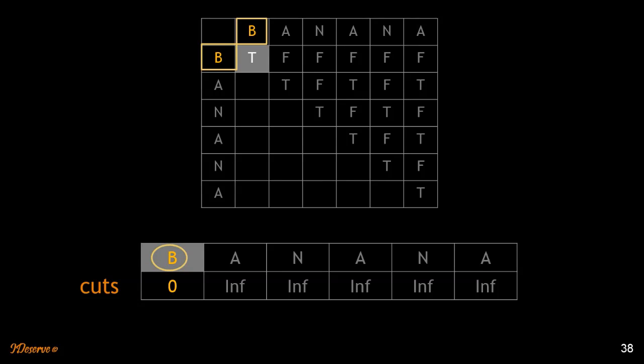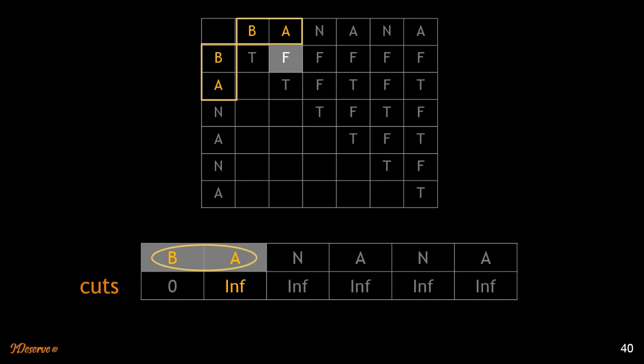Let's go ahead to a substring of length 2, which is BA. Before cutting it up, let's check if it is a palindrome. In the table it says that it's not a palindrome, it's false. So we need to split it up.